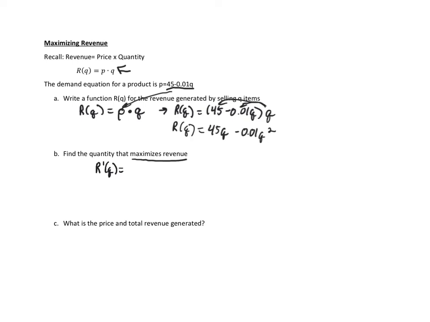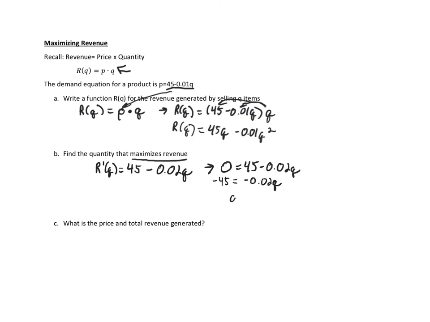R prime of Q would equal 45 minus 0.02 Q using our derivative rules. So to maximize that, we want to set it equal to 0. 0 equals 45 minus 0.02 Q. And if we solve that, negative 45 equals negative 0.02 Q.